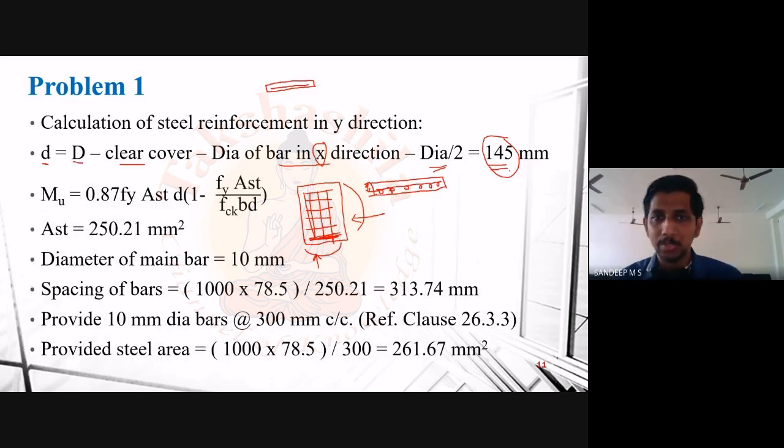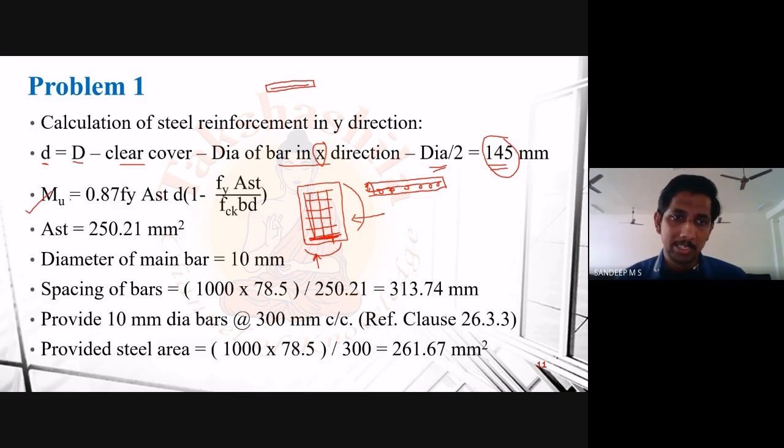So it is obviously safe as far as the over-reinforced condition is considered. That case is already satisfied there, and since we have an effective depth larger than the depth requirement of a balanced section, we already have an under-reinforced section in the y direction also. So you can use the same relation for calculating AST.